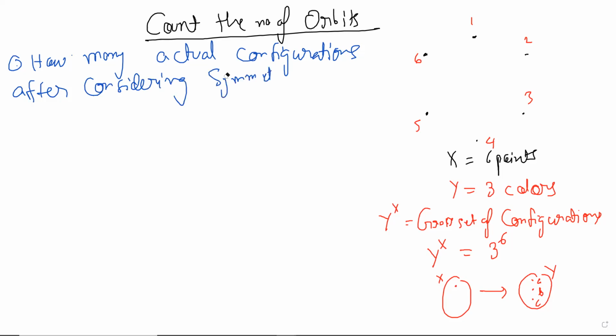Let's say in this case, rotational symmetries only. 2D rotational symmetries, because otherwise reflection is also a rotation in 3 dimensions. Okay? Let's say 2D rotational symmetries.